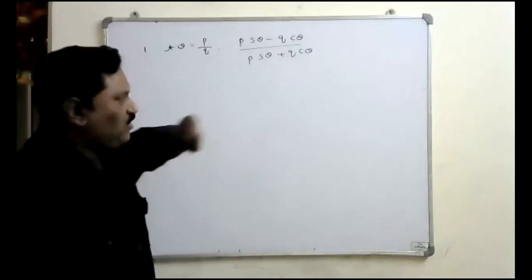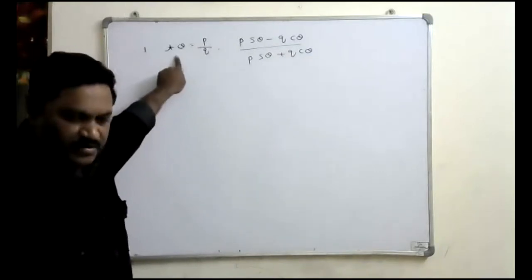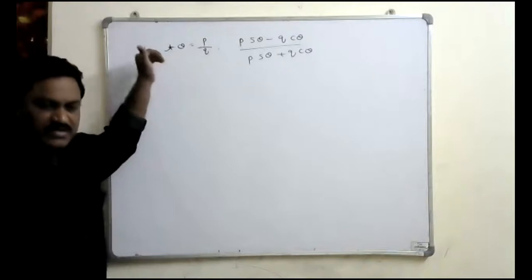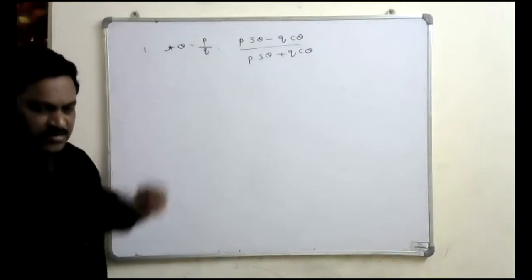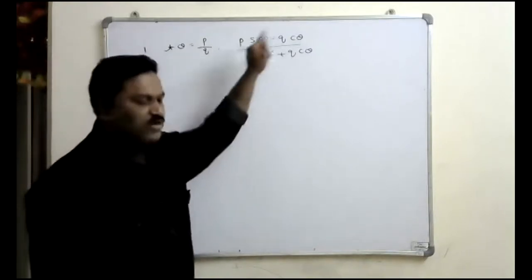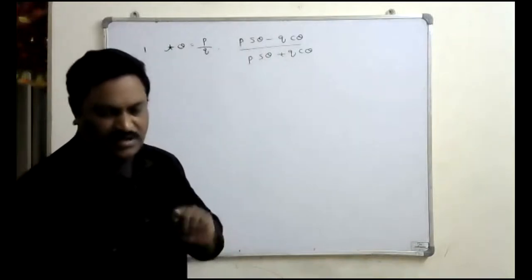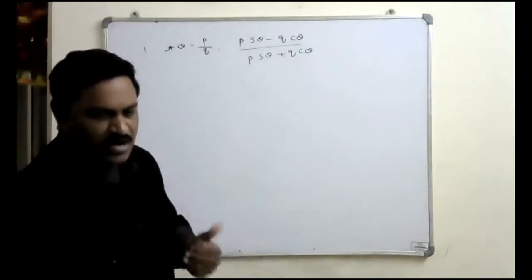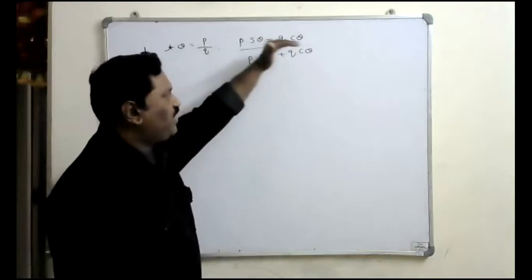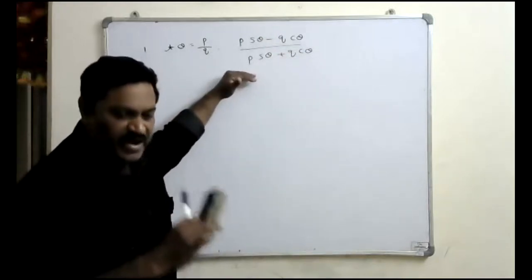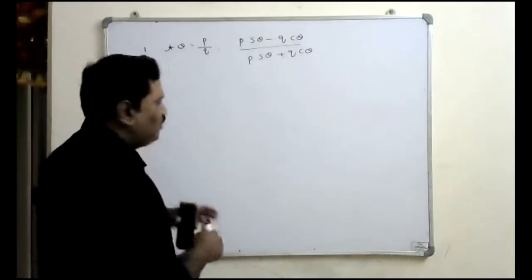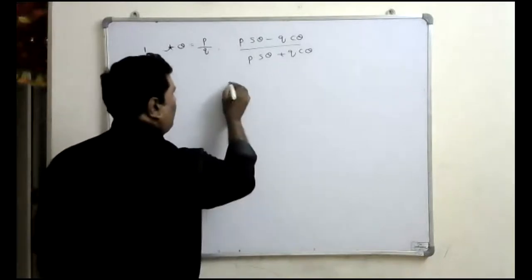To find its value, we know that tan theta is nothing but sin theta by cos theta. That's why here also we will bring in terms of the tan theta. So in the numerator and denominator we divide by cos theta.